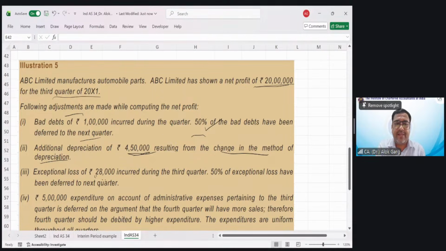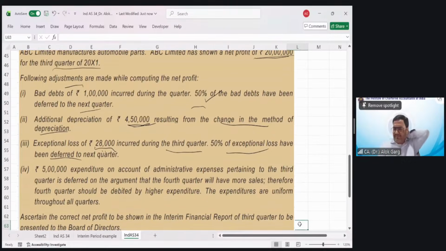There was an exceptional item of 28,000 incurred during the third quarter. 50% of the loss, 14,000 rupees, has been deferred to the next quarter. Is that right? Answer is no. This exceptional loss which has been incurred in any quarter has to be recorded in that quarter. So the 14,000 rupees of the loss is required to be deducted.